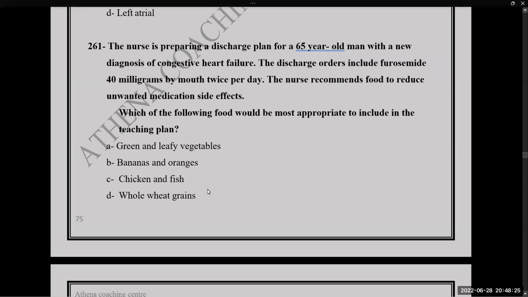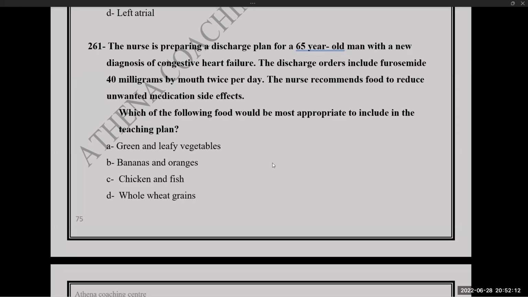Why does potassium need to be corrected? What is the basic indication? The first choice of treatment for congestive cardiac failure is digoxin. In a patient who is receiving digoxin, there are chances of digoxin toxicity.